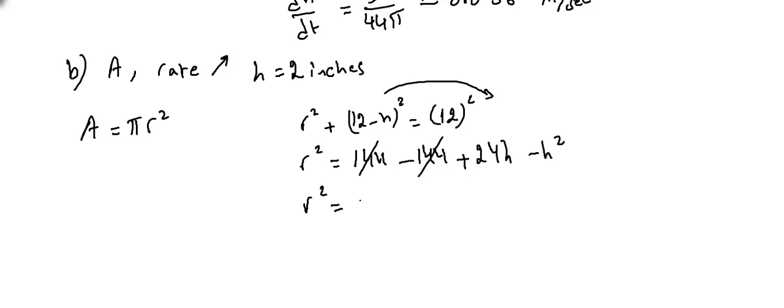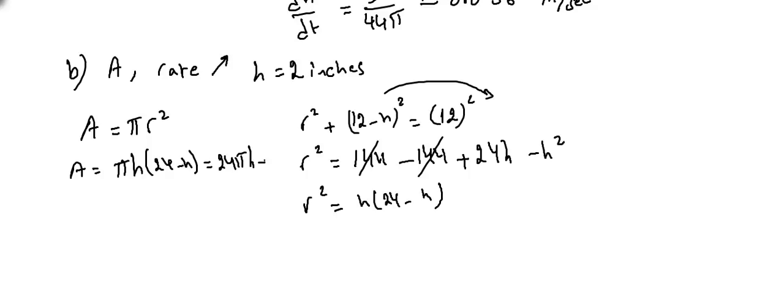What is left is h times (24 minus h), correct? So this area will be simply pi h times (24 minus h), or 24 pi h minus pi h squared, right?